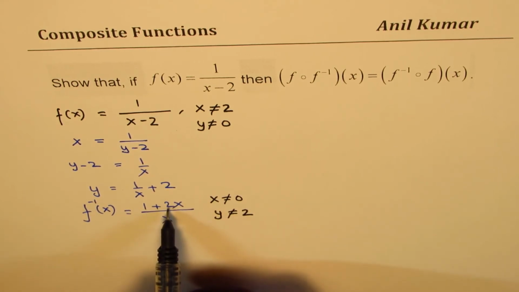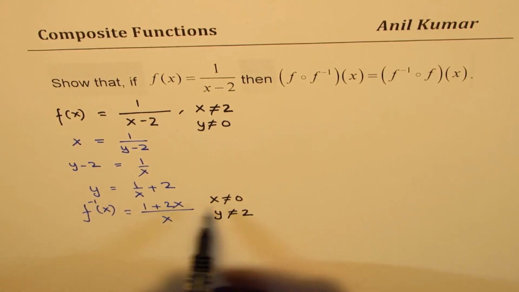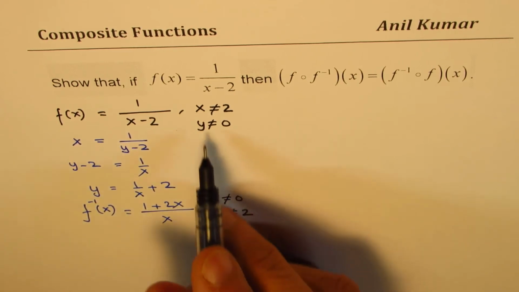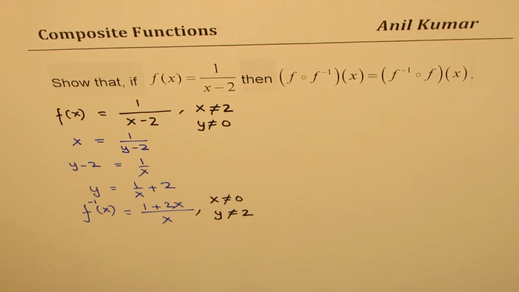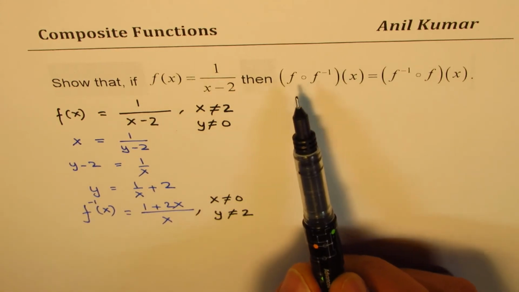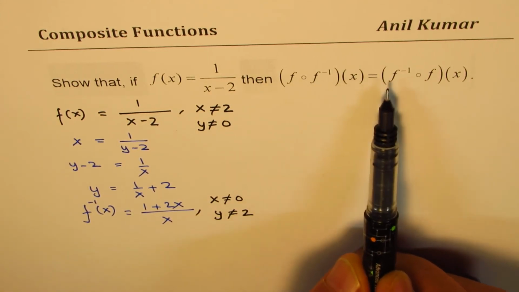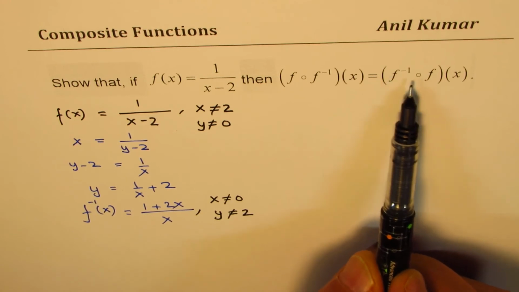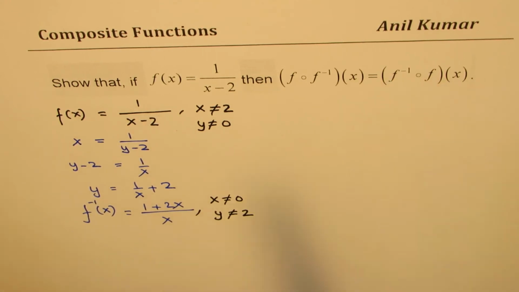Since the horizontal asymptote on this function is 2. Do you see how these restrictions also flip when you're trying to find the inverse? Correct? Now these are very important restrictions to consider to prove that f of f inverse x and f inverse of f are the same. Correct?